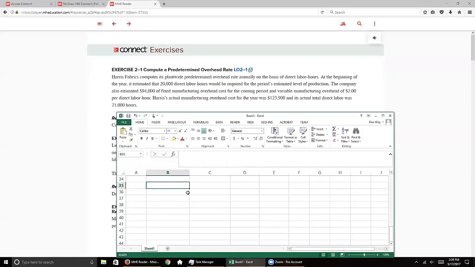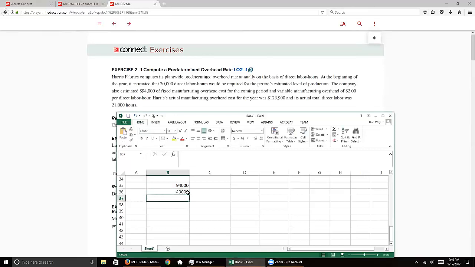Okay. So to do that, we need to make sure that we account for the fixed and the variable overhead. So we said our estimated fixed overhead was $94,000. Our estimated variable overhead was $2 per labor hour, and we expected to incur 20,000 labor hours at our current expected level of production.